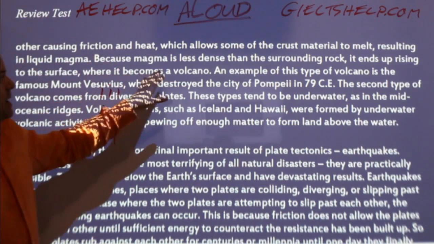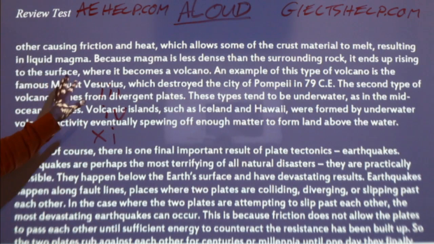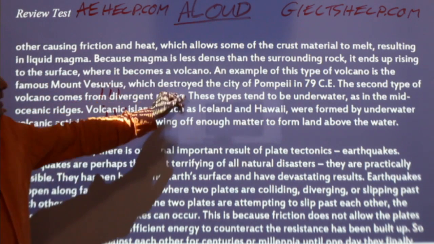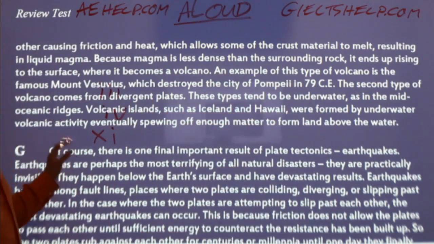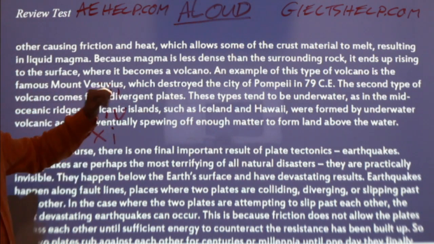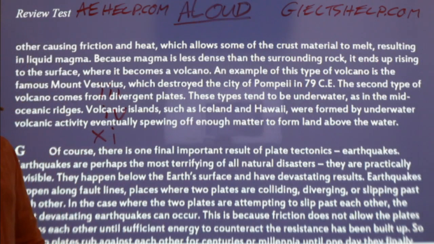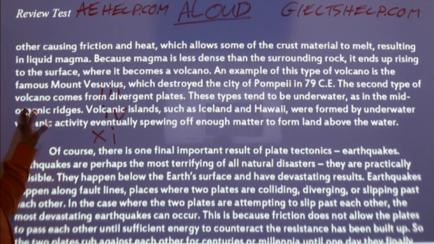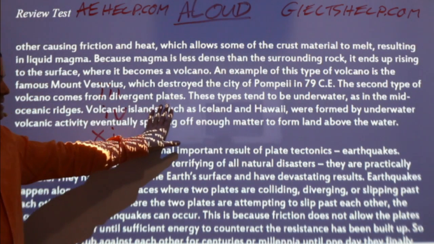Because magma is less dense than the surrounding rock, it ends up rising to the surface where it becomes a volcano. An example of this type of volcano is the famous Mount Vesuvius, which destroyed the city of Pompeii in 79 CE. The second type of volcano comes from divergent plates.